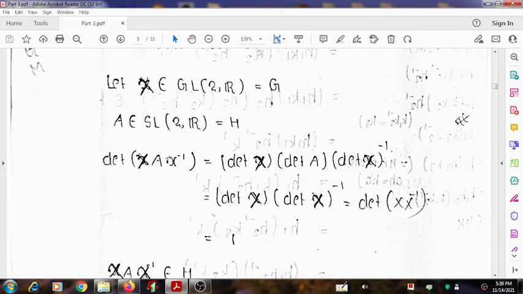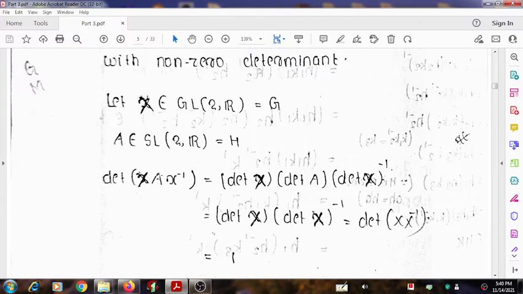This x must be a capital X, and in the same way this x inverse must also be for capital X. We take the product X A X inverse, and then consider its determinant, because the membership of the matrix, whether it belongs to H or to G, is decided by the value of the determinant.